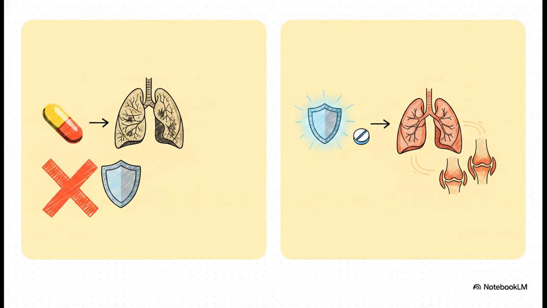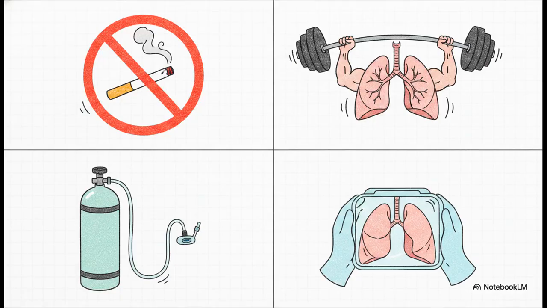However, if the patient has a connective tissue disease, like scleroderma, causing an NSIP pattern, well, in that case, steroids and immunosuppressants like mycophenolate are exactly the right treatment, because you have to target that underlying autoimmune inflammation. Now, regardless of the underlying cause, for advanced disease across the board, we're writing up comprehensive supportive bundles.